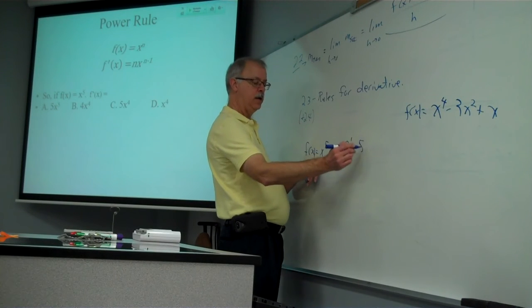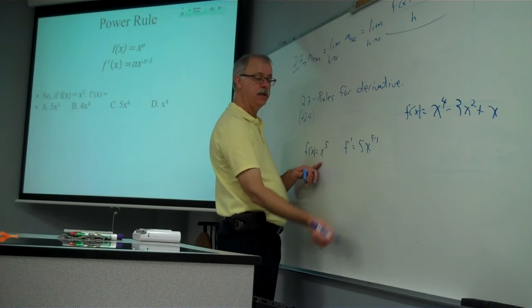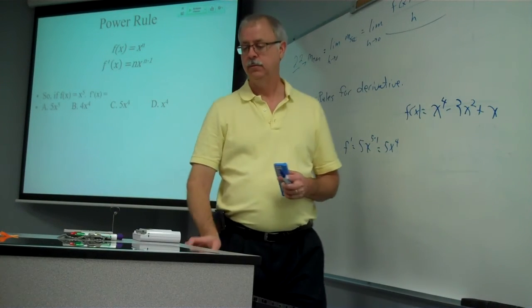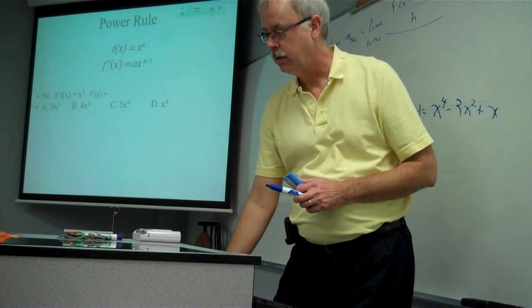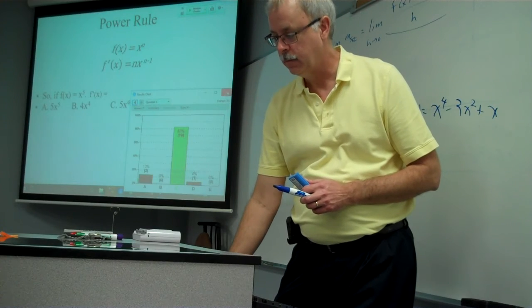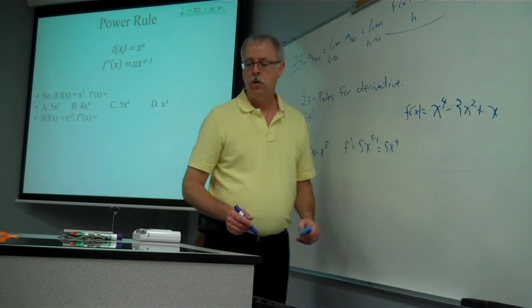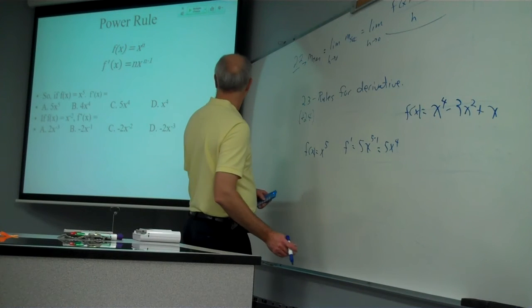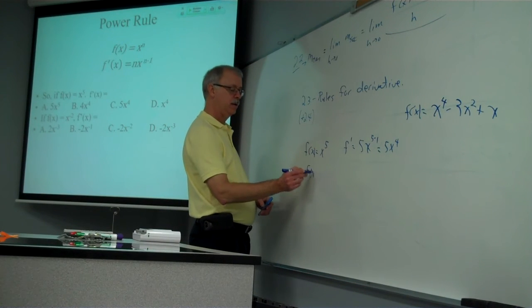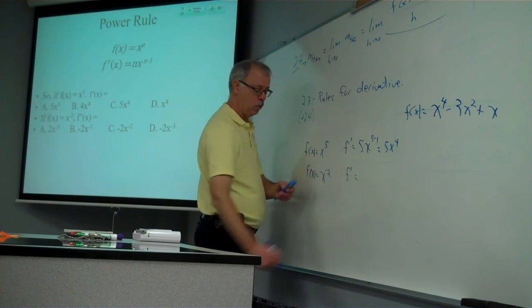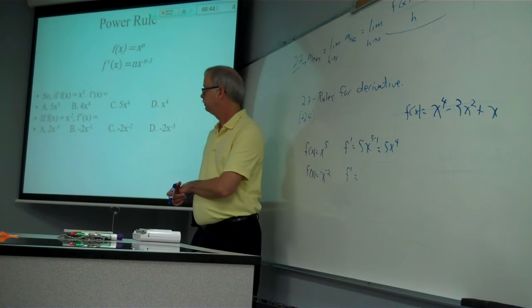We bring the power down and we decrease the power by 1. So we get 5x to the 4th. What if our function is x to the minus 2? What's our derivative going to be?